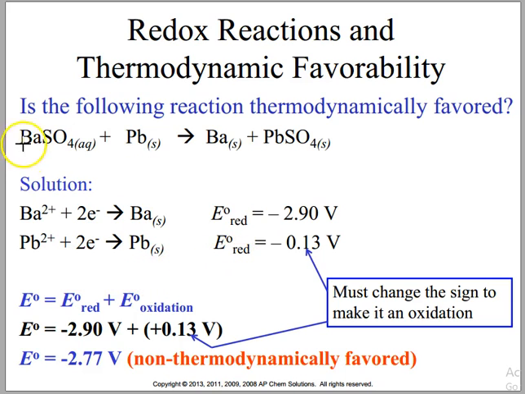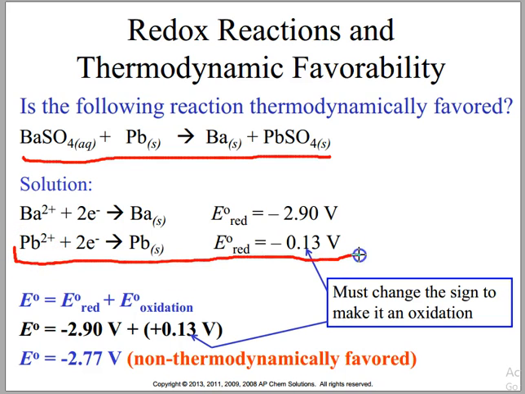Because this is actually the balanced chemical equation, we're not changing the sign of this. We have to change the sign of the lead half reaction, since lead is not being reduced but oxidized. So this is a non-thermodynamically favored process.